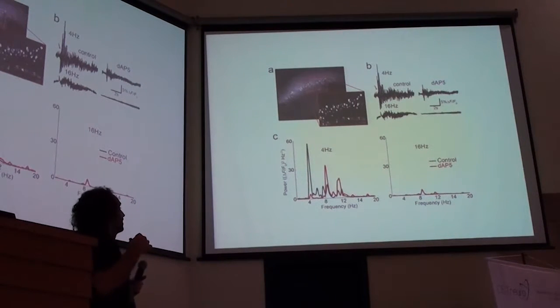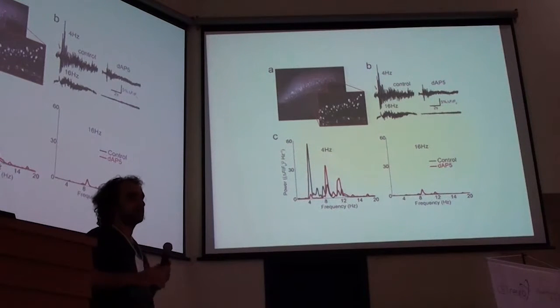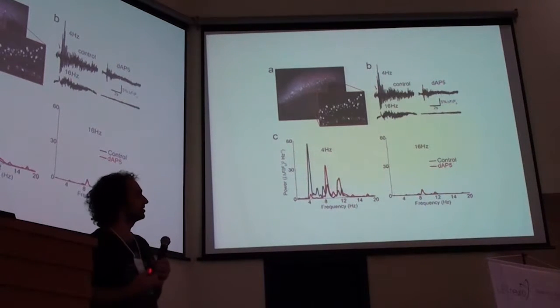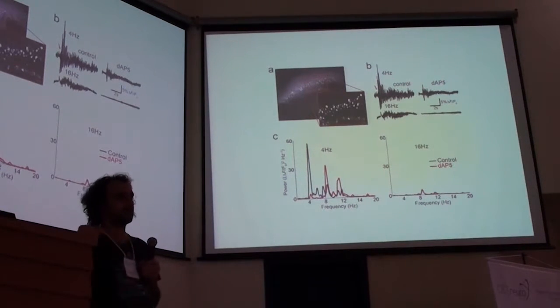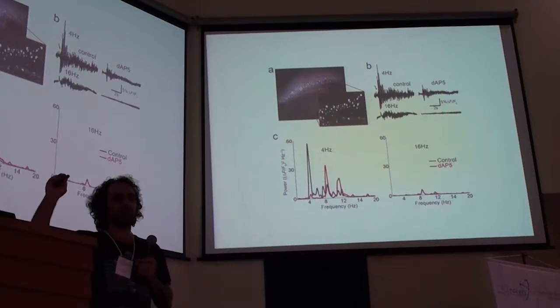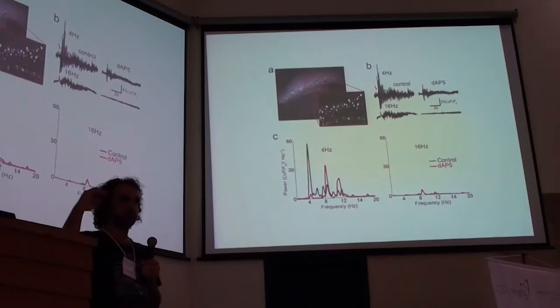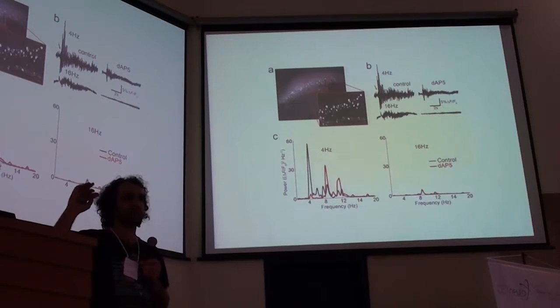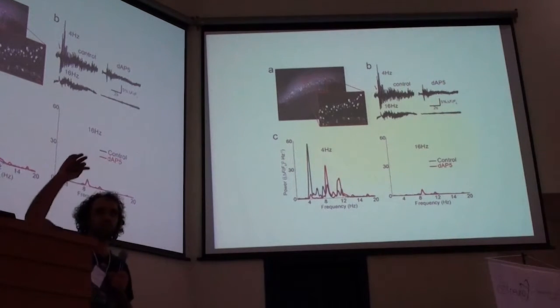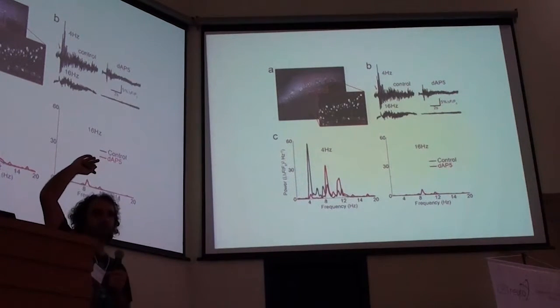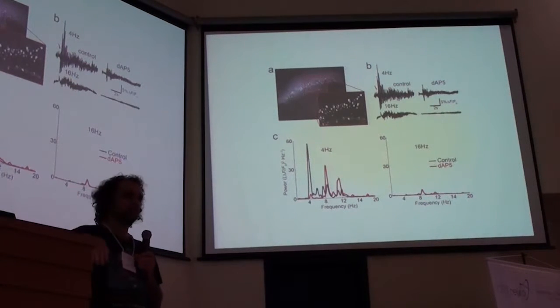Then, the dendrite of the pyramidal cell is very peculiar. Since McGee in the late 90s showed that you have a non-homogeneous distribution of Ih, so you have more of this hyperpolarization-activated current at the distal dendrite than at the proximal.